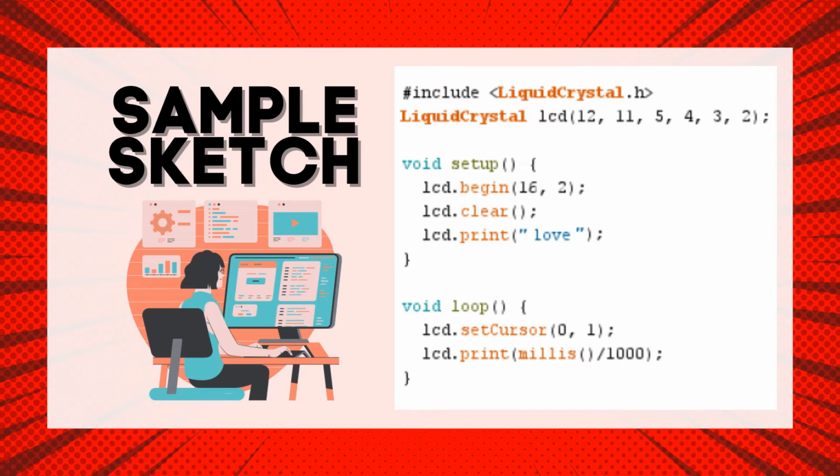Counting always starts from 0, so the top line is 0 and the bottom line is 1. Column runs from 0 on the left side to 15 on the right side. In the program, we set the invisible cursor to column 0 of the second line, row 2. lcd.print is used to print the number of seconds from millis.